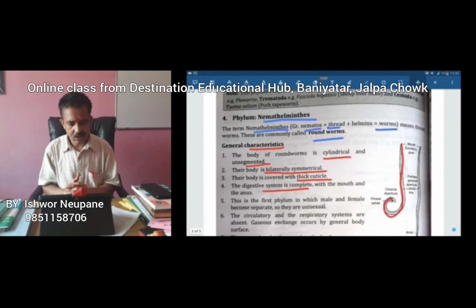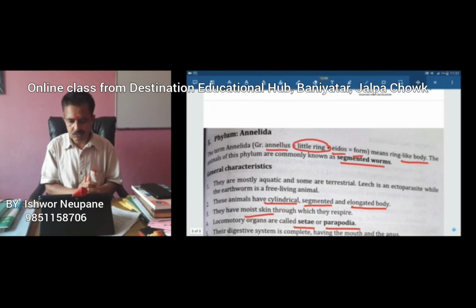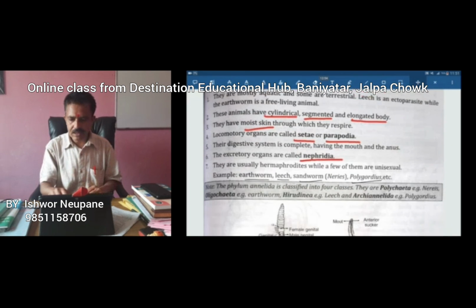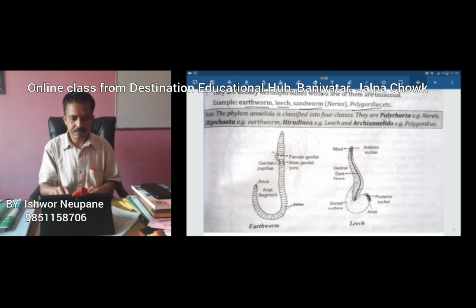Examples already discussed, earthworm and leech. And next, students, these animals are also hermaphrodite. Hermaphrodite means presence of both male organ and female organ in the same body.